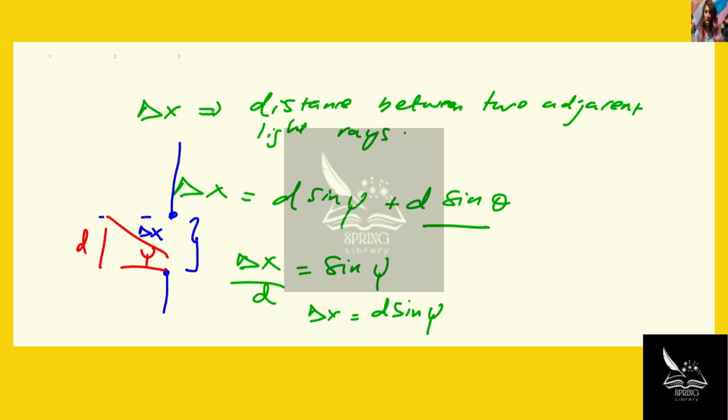And the same thing applies to theta. On the opposite side, remember theta opens up and goes like that. This is theta. This opening is d. That's an opening, that's d. And this is another delta x. So delta x all over d is sine of theta.